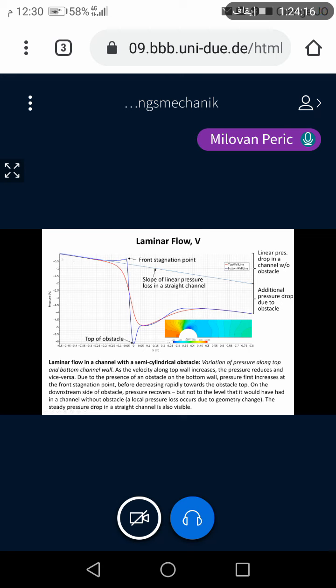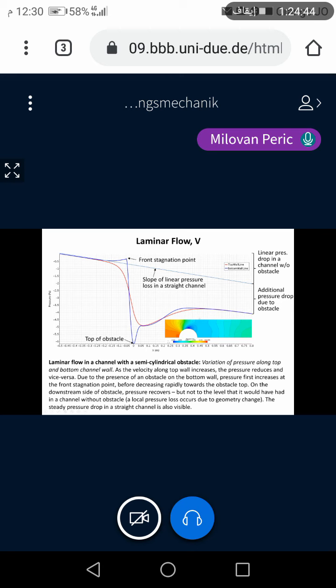The light blue line shows what the pressure would look like without the obstacle. It would simply continue linearly downstream. Then there is a sudden pressure drop along the front side of the obstacle with the minimum just a little bit behind the top of the obstacle. Then there is a relatively rapid increase in pressure. And here is where the blue line again comes close to the red line.